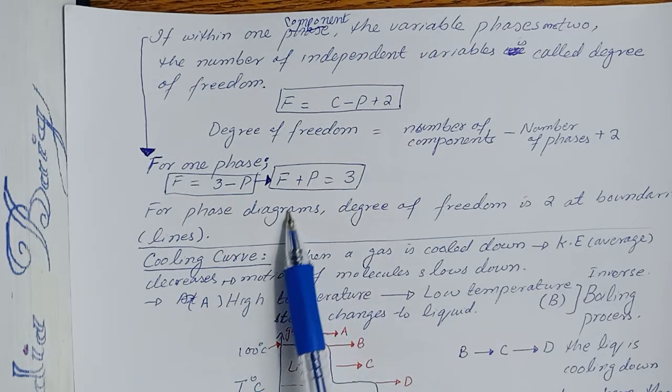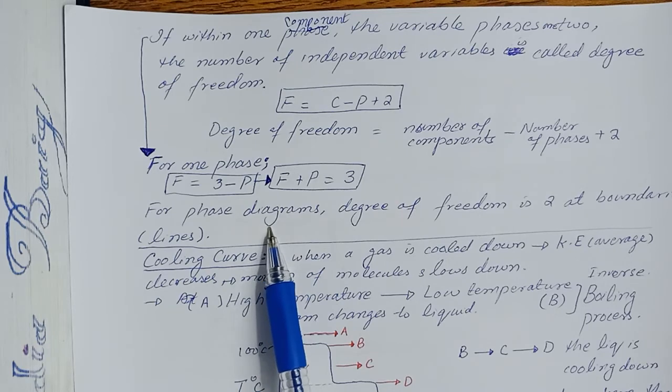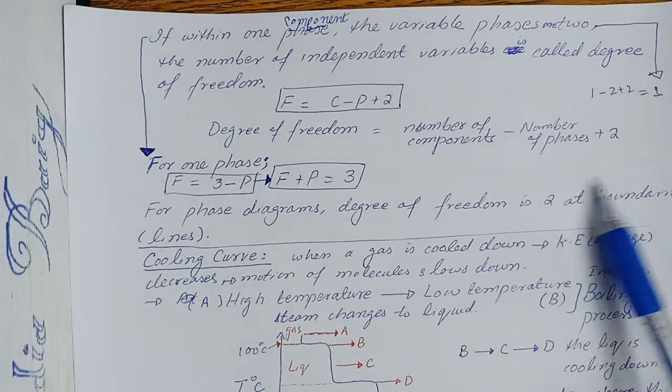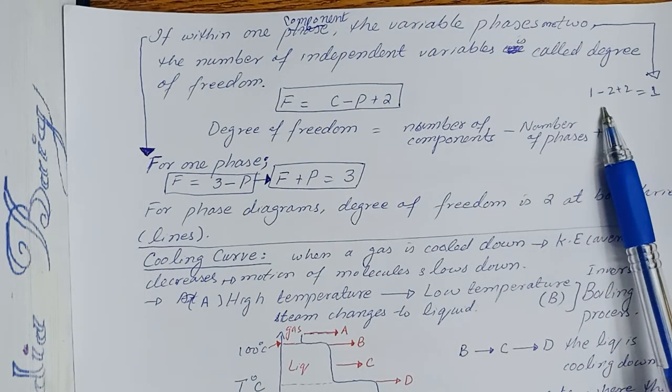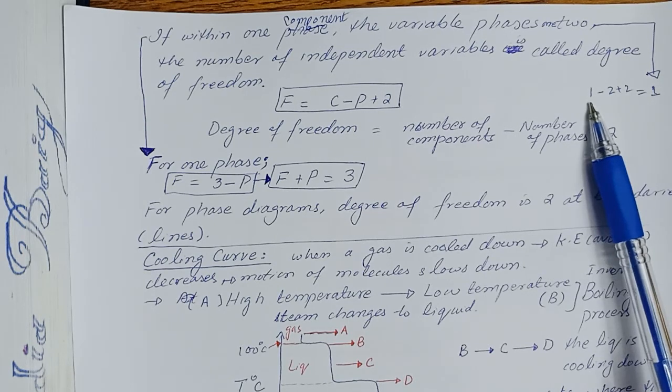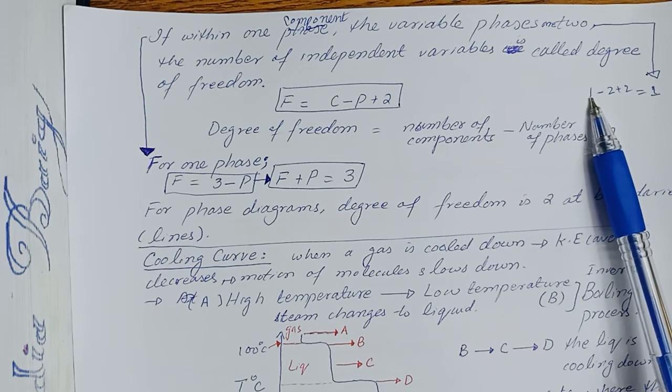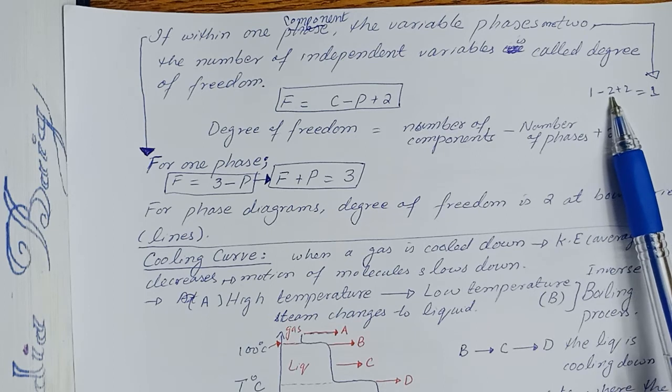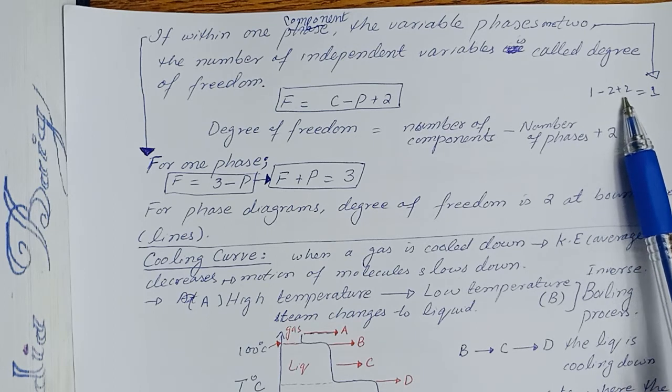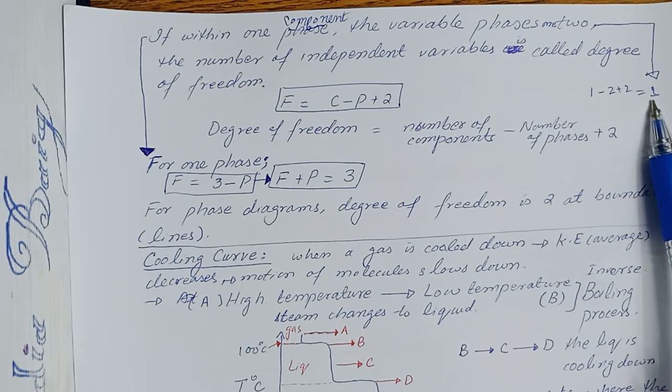For that kind of system, the degree of freedom is 1. As the number of components is 1, the number of phases is 2, and this 2 is from the formula, so the overall degree of freedom is 1.